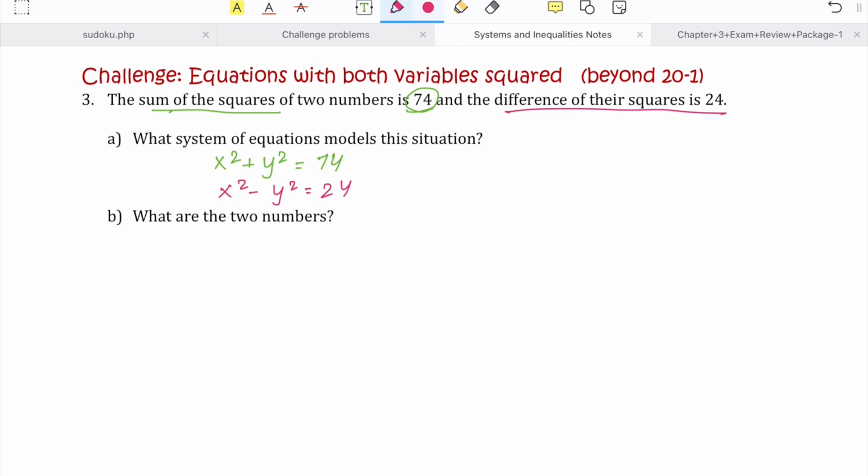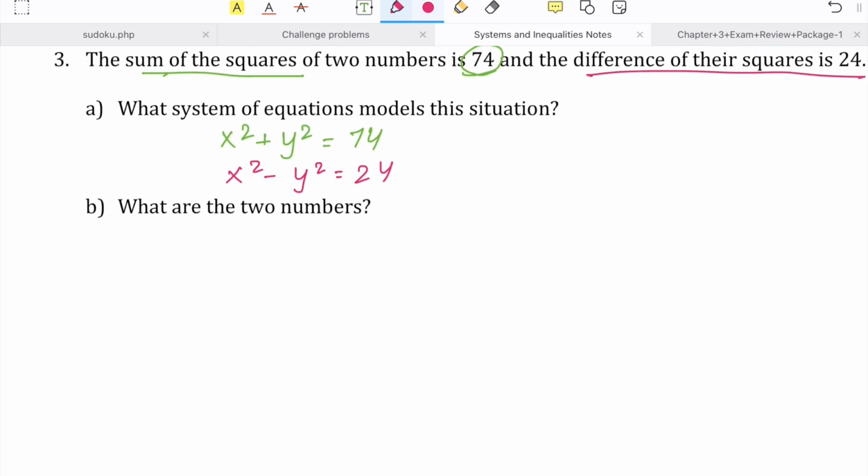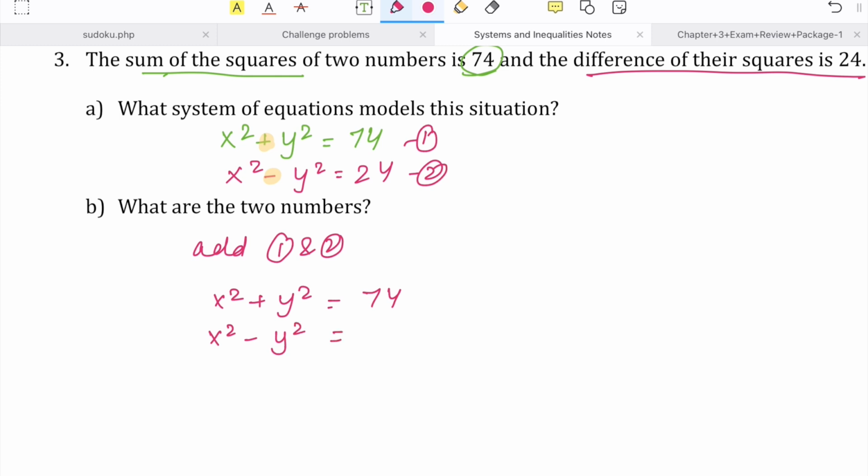We can use substitution or elimination for this. Elimination might be actually better, right? Because we already have different signs. So we add. Let's add 1 and 2. So x squared plus y squared is equal to 74. X squared minus y squared is equal to 24.